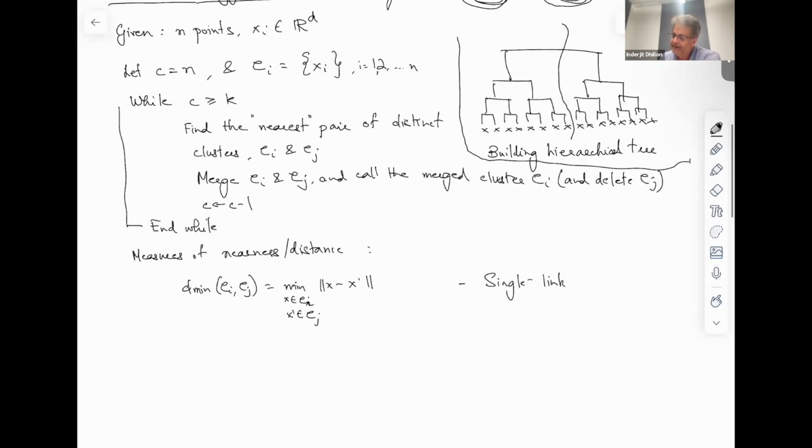Okay. Instead of taking min, you can actually take max of x minus x prime, and this is similarly called dmax. Okay, and this is called complete link.